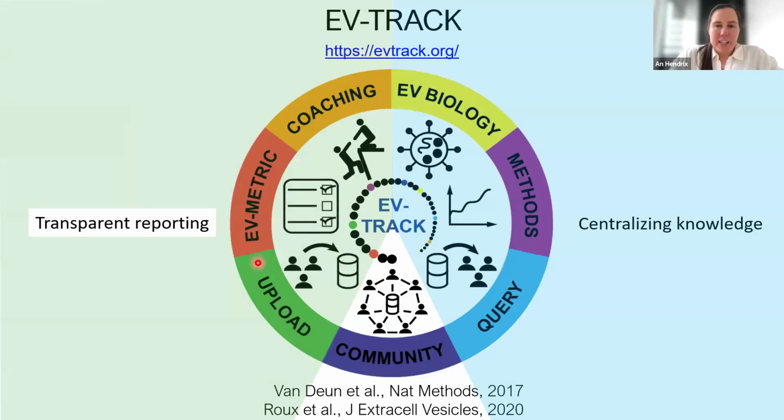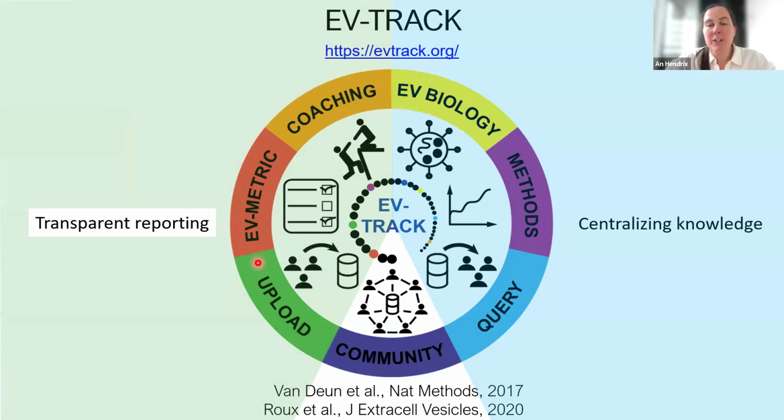So one aim of EV-Track is to stimulate transparent reporting. The second aim is, of course, also to centralize the knowledge on EV biology. For example, we also request information if you did a particle analysis. You can add information on the average size, or the mean or the median size that you measured, particle concentration, but also density.